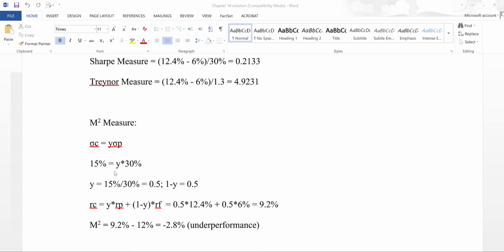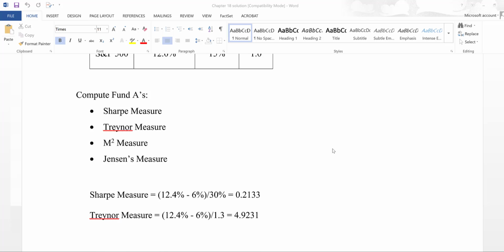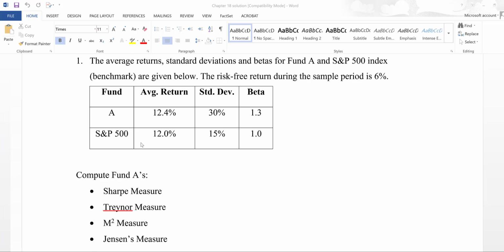So this equation would allow us to compute y. So 15% equals y times 30%, where 30% is the risk of the fund. That gives us a y of 0.5, and then 1 minus y would be 0.5, right? So put 50% in the fund and 50% in Treasury bills, and that would give us a new portfolio with a standard deviation of 15%, right?